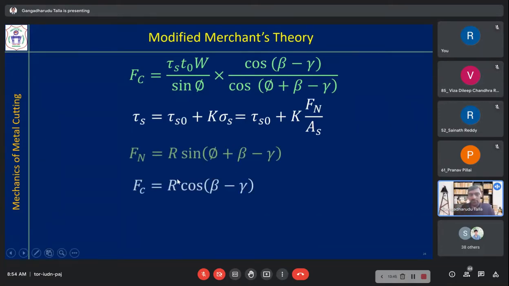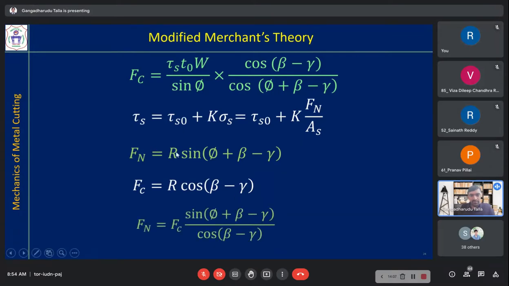Now what is Fn? From the Merchant circle, Fn is equal to R sin(phi plus beta minus gamma). And Fc is equal to R cos(beta minus gamma). That is also there.